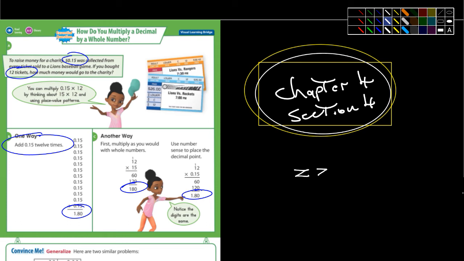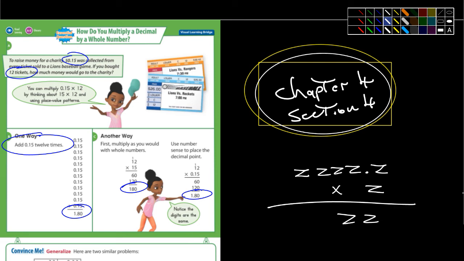Z, Z, Z, Z, times Z, and my answer is Z, Z, Z. So where's the decimal go? Where's this decimal go right here? Before the second Z? Yeah, it goes right here.